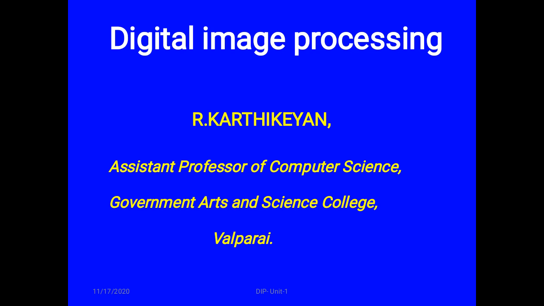In this video, we are going to see first of all what exactly an image means, and the types of image, from analog image to digital image. So the first two terms, digital image, we will get familiarized with, and further we shall see digital image processing.